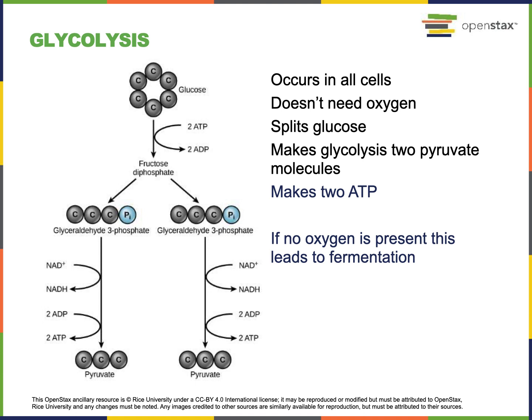This yields some energy for each glucose molecule. If oxygen is present, these pyruvates will be transported into the mitochondria where the oxygen will be used to take off hydrogens and carbons and release ATP. But if no oxygen is present, this leads to an anaerobic fermentation.